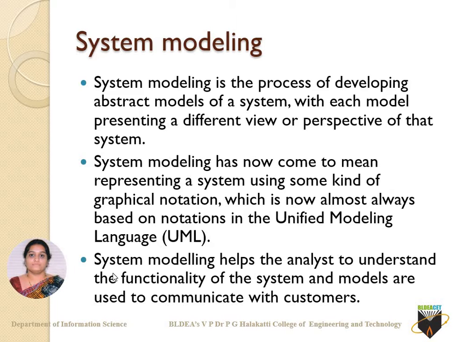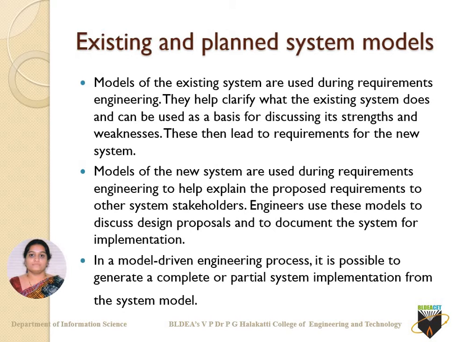Then the third point to know more about system modeling is that system modeling helps the analyst to understand the functionality of the system, and models are used to communicate with customers. That is, it helps the analyst to understand the functionality of a respective system, and models are used to communicate with the respective customers. So this is with respect to system modeling.